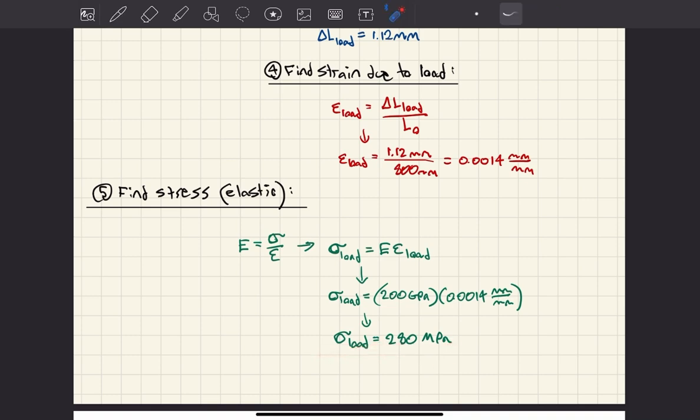And remember, the deformation caused by the stress, so delta L due to the load, is elastic. And these are your answers to this question.